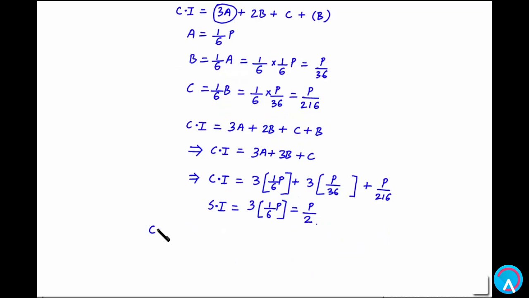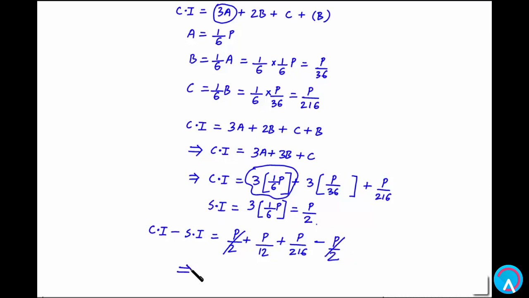Now the difference of compound interest minus simple interest will be equal to this value minus this value, so that will be, now the first value here can be simplified as p by 2 plus p by 12 plus p by 216 minus the simple interest is p by 2. These two can get cancelled.